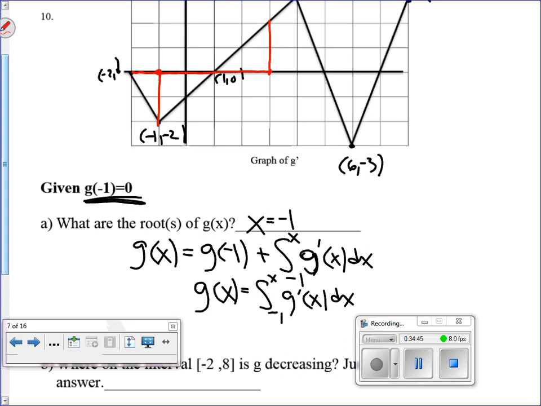Because if you took the definite integral of g prime from -1 to 3 by doing area above minus area below, you would get 0. So that means that x equals 3 would be another 0 of this function.